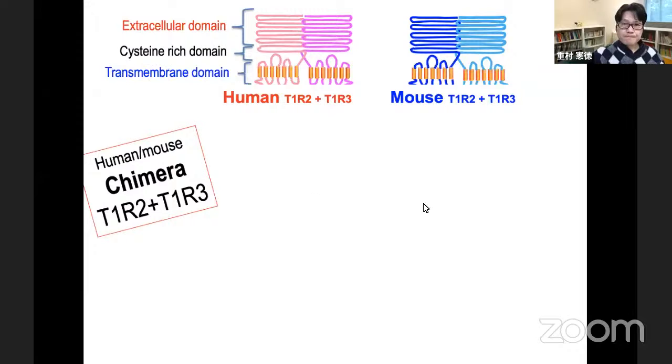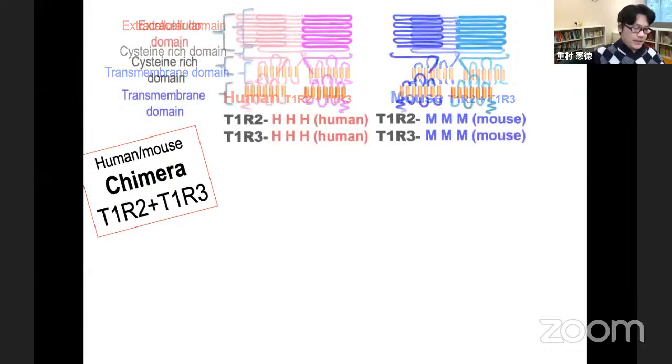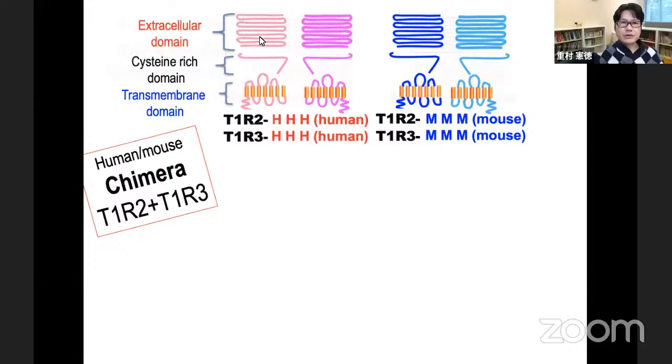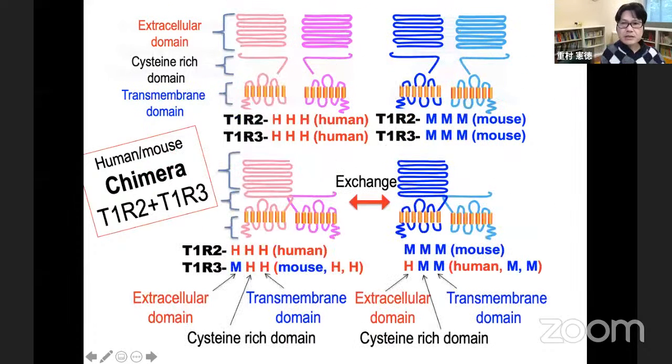For example, human and mouse sweet taste receptors are shown in red and blue, which were separated into three regions: extracellular region, cysteine-rich region, and transmembrane region. And only the extracellular region of T1R3 is replaced between human and mouse, like this.